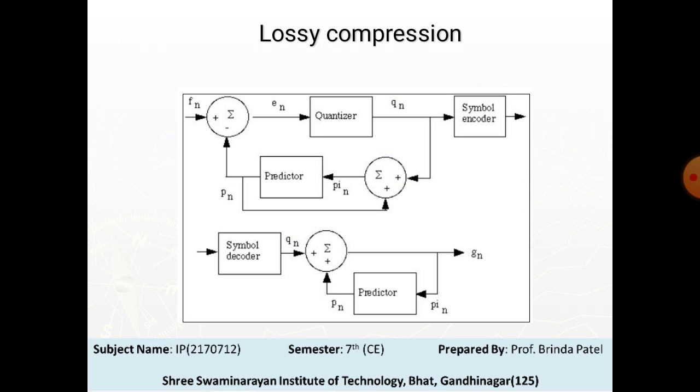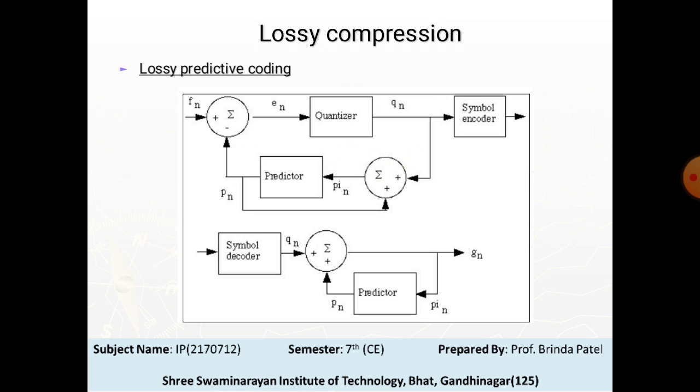Now lossy compression, starting with lossy predictive coding. A quantizer that also executes rounding is now added between the calculation of the prediction error e_n and the symbol encoder. It maps e_n to a limited range of values q_n and determines both the amount of extra compression and the deviation from the error free compression.